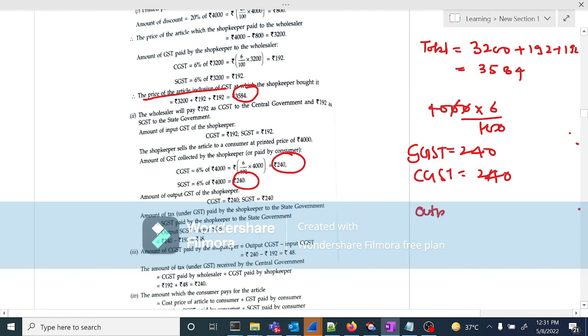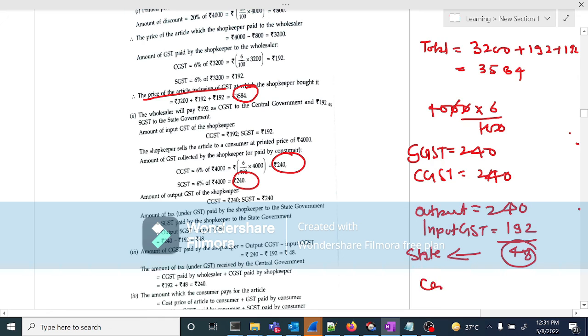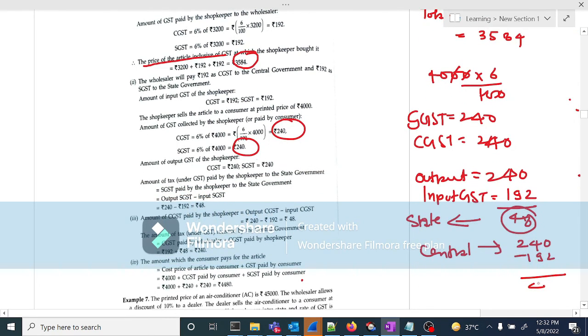Output GST is 240. Input GST is 192. So 48 is the amount he has to pay to the state government. And the same thing with central also: 240 minus 192 is 48. So 48 to the central government.